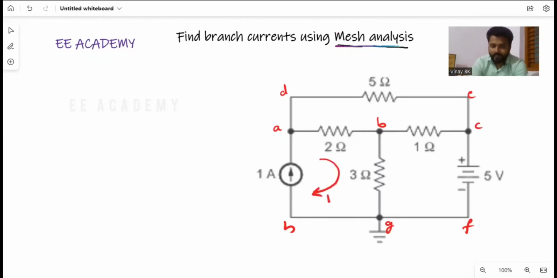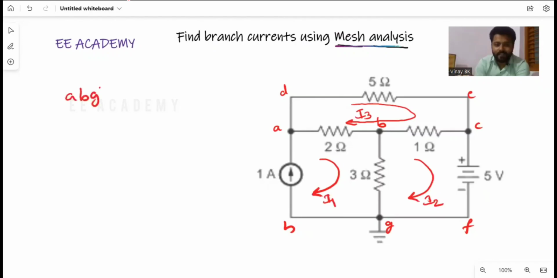So I1 is flowing here. Three loops are there. Similarly I2 is flowing here, and similarly I3 is flowing in this direction. Here I3 is flowing, I3 is flowing here. So what you can observe with the help of this circuit, I1 is nothing but consider the loop A, B, G, H, A.